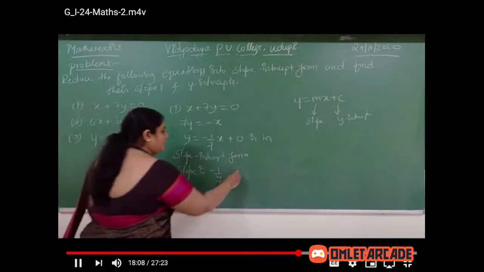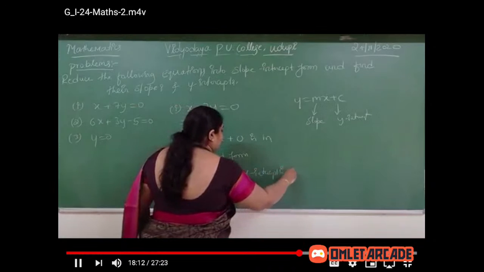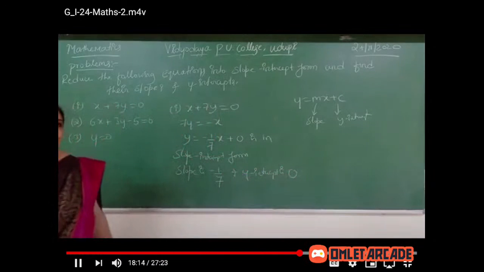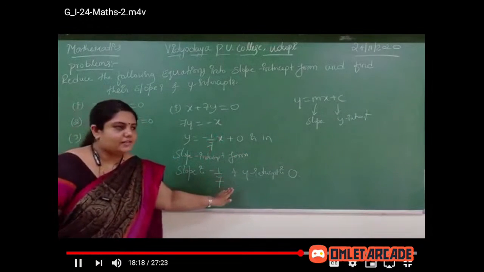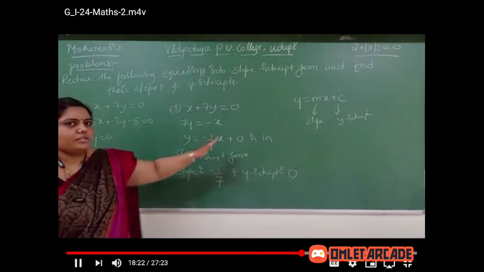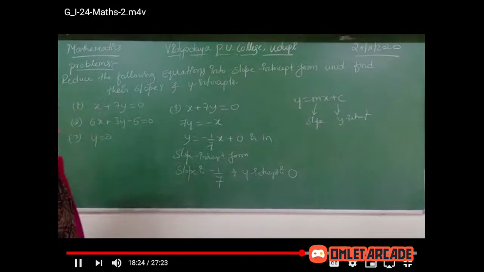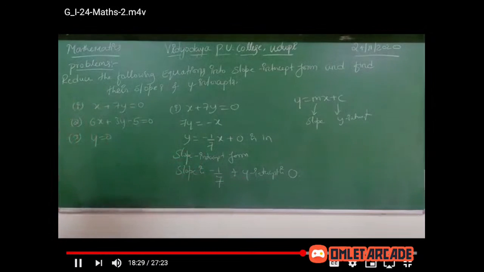Minus 1 by 7. And y-intercept is what? 0. I mean, this line is not cutting the y-axis, so obviously it may be passing through the origin, isn't it? So this is the slope and y-intercept of this line.